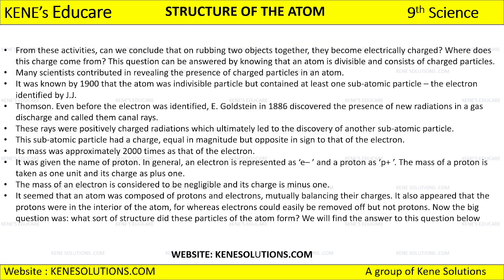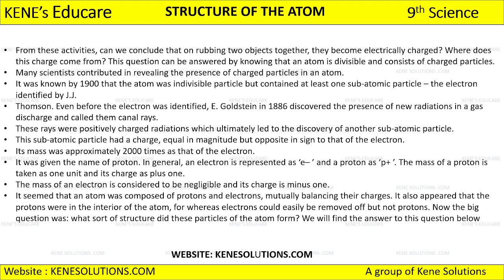After this activity, this is the brief explanation. As I am repeating in every part, this is one of the most important slides, where we have information on E. Goldstein, who came up with the canal rays, which are considered positively charged radiation. These subatomic particles have charges equal in magnitude and opposite in sign.